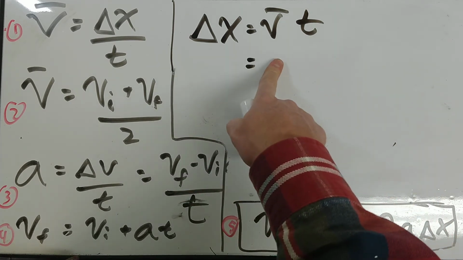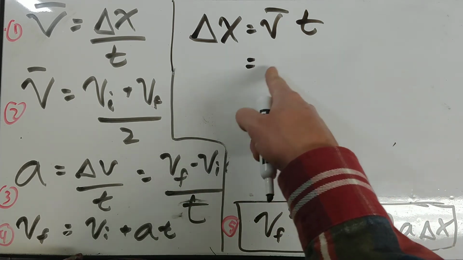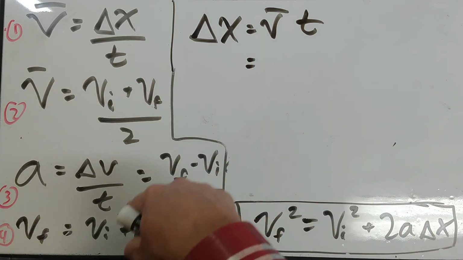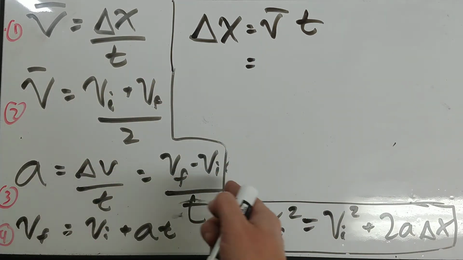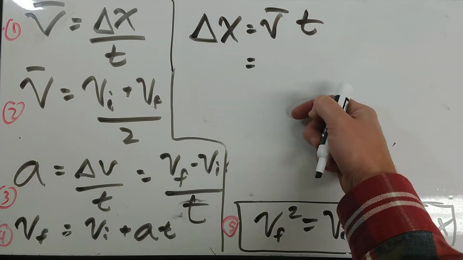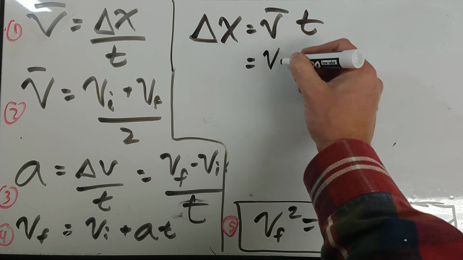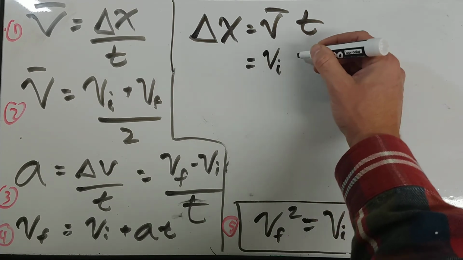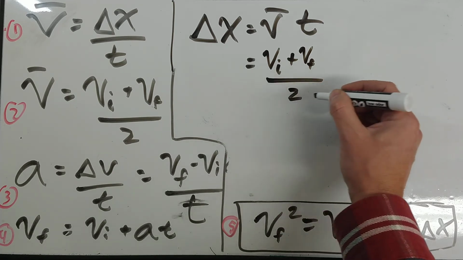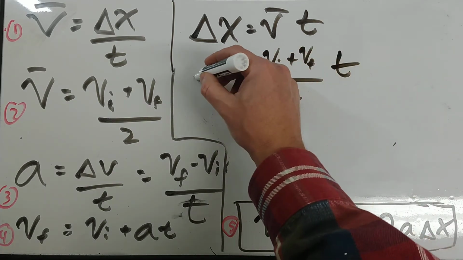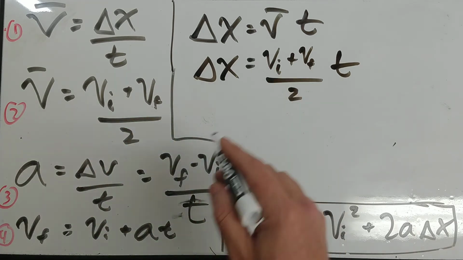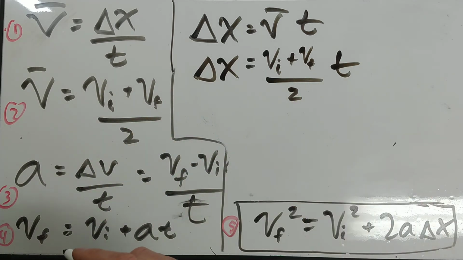Let's say you don't know the final velocity, so you can't figure out the average, but you know the acceleration and the time. Let's move ahead as if we didn't know the final velocity. I'm going to put in the average velocity here and try to eliminate final velocity as a variable: v initial plus v final over 2, times t.